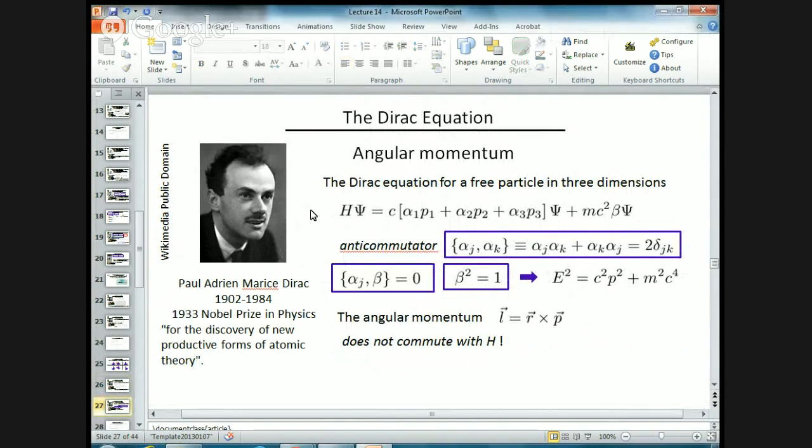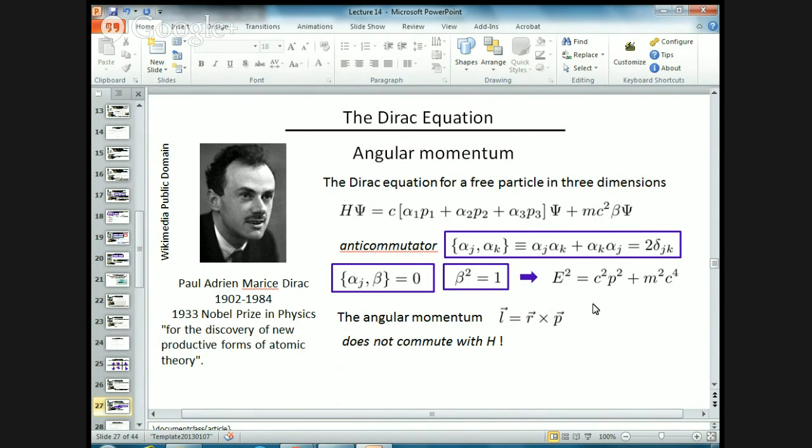Okay, so now one last remark in this part. The Dirac equation for a free particle in 3 dimensions. This is just the natural generalization. We want something that's a linear function of both space and time coordinates. We're going to find the conditions that must be satisfied, so now instead of just having 1 alpha, we have 3, and we still have a beta.